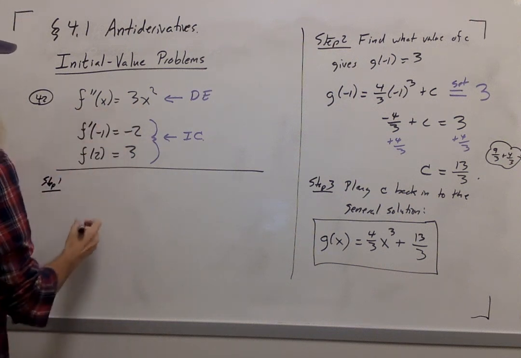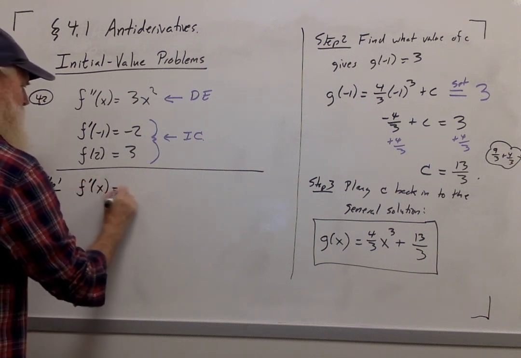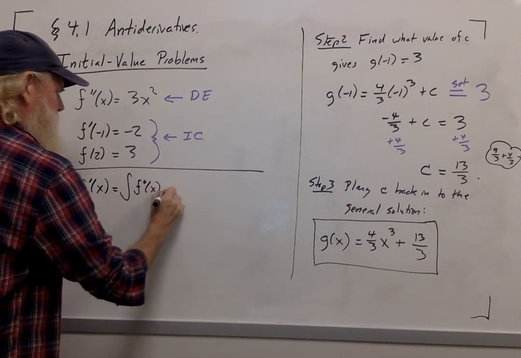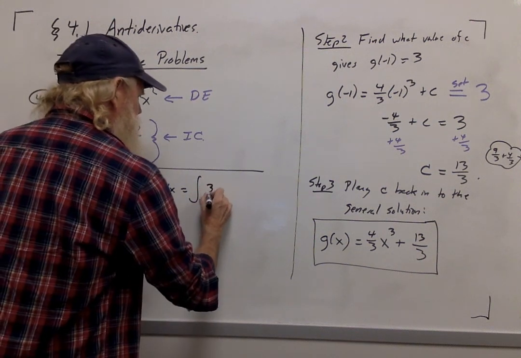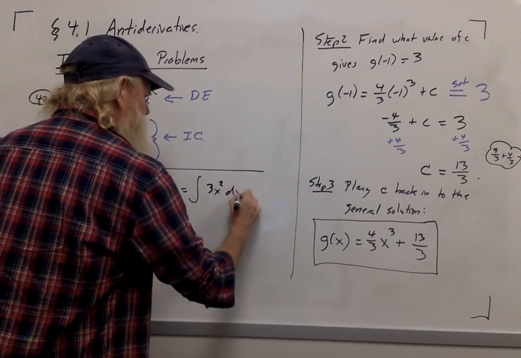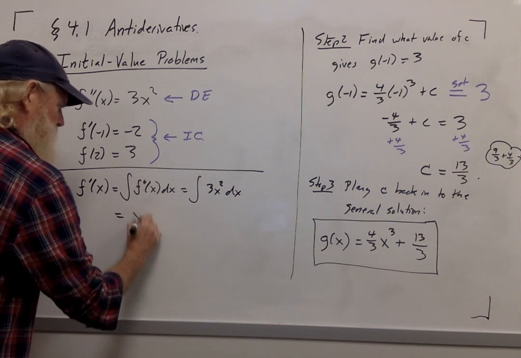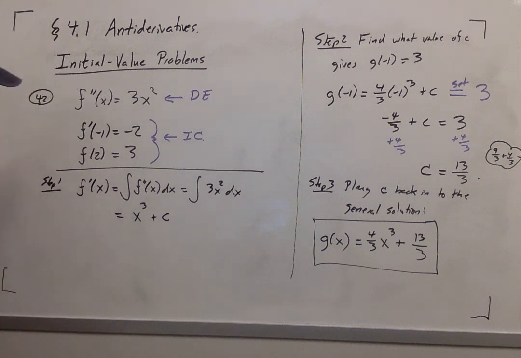Since f double prime is 3x squared, we know that f prime of x is going to be the antiderivative of f double prime of x. In other words, the antiderivative of 3x squared. Well, an antiderivative of 3x squared is going to be x cubed, and then I add c.